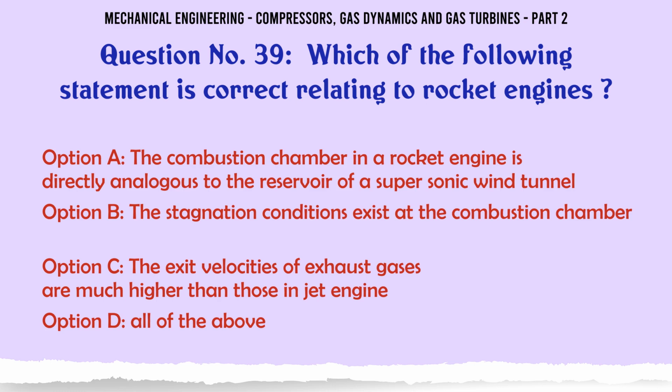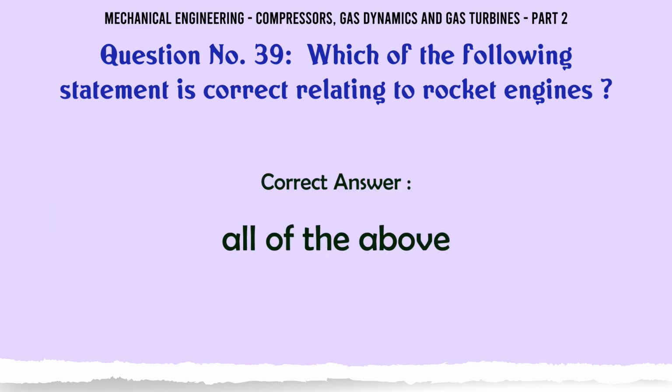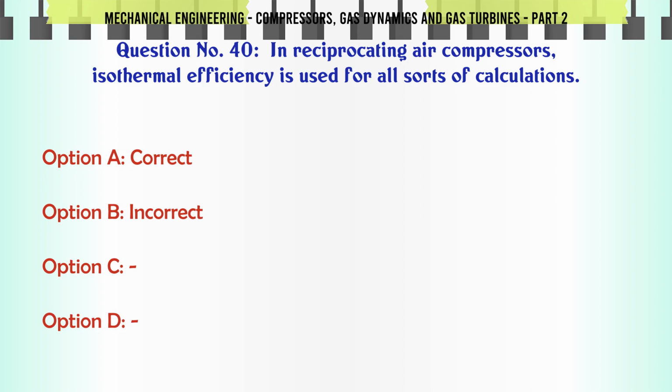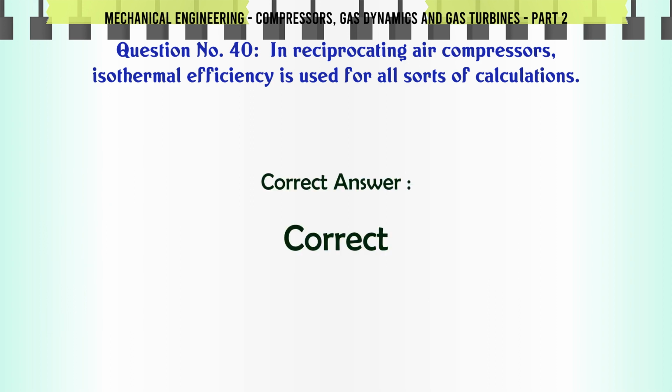D. All of the above. The correct answer is all of the above. In reciprocating air compressors, isothermal efficiency is used for all sorts of calculations. A. Correct, B. Incorrect, C, D. The correct answer is correct.